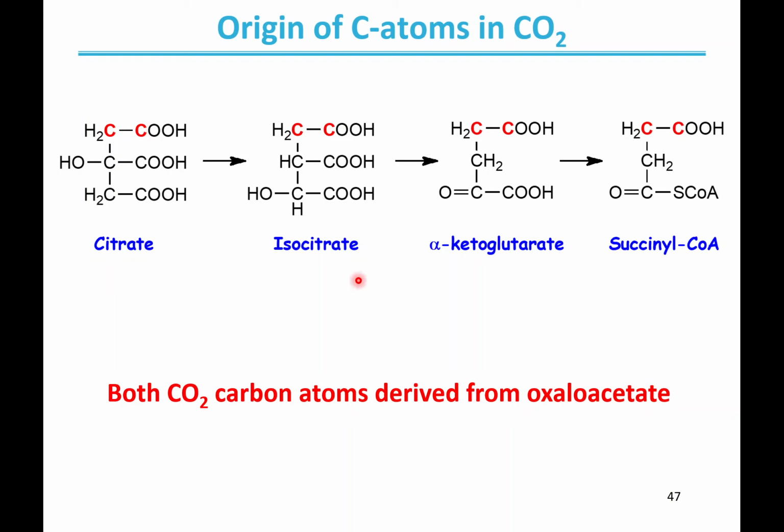The carbons that we lose from the citric acid cycle are going to be those that were from the oxaloacetate originally. So when we get to succinyl-CoA, the product of this step, these 2 carbons highlighted in red on succinyl-CoA are the ones that came in from acetyl-CoA.